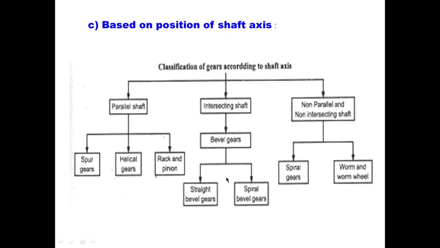Just now we saw the picture of bevel gears in the floodgates of dams. Non-parallel and non-intersecting shafts have spiral gears, worm and worm wheels.